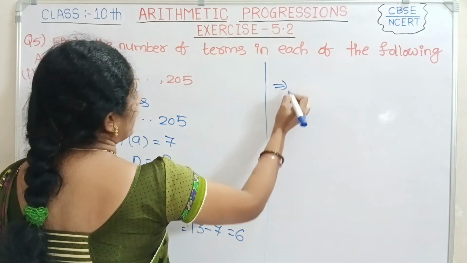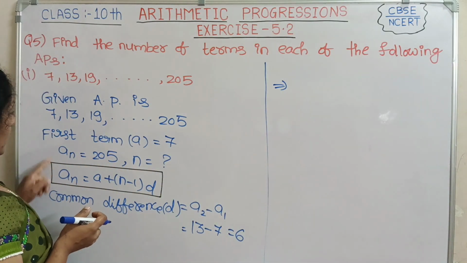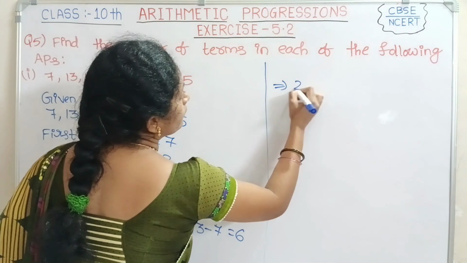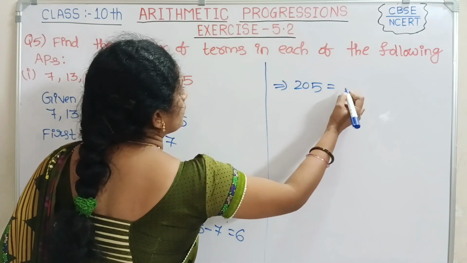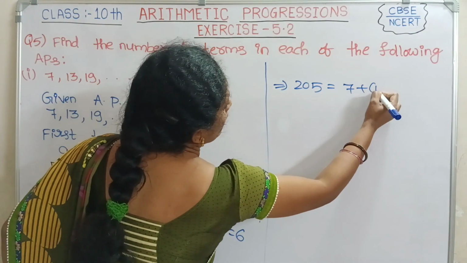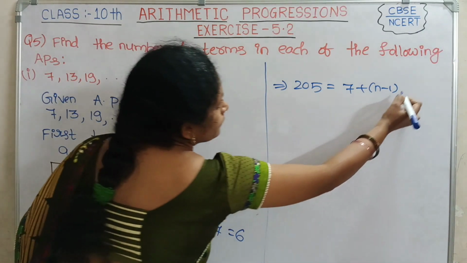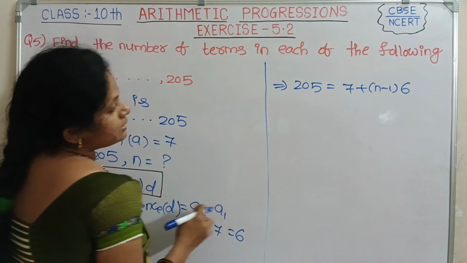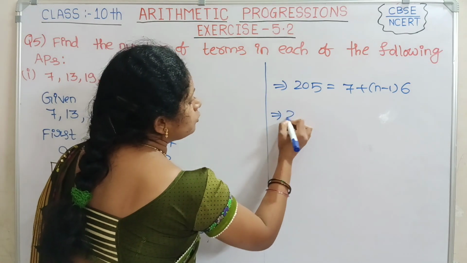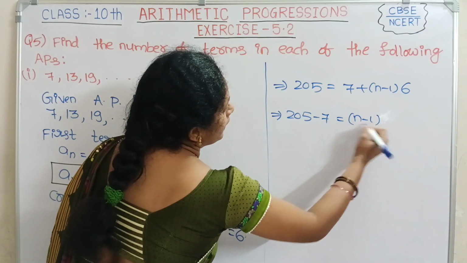From this formula, an is equal to a plus n minus 1 into d, substitute the values here. an is equal to 205, a is 7, plus n minus 1 into d is 6. Take this 7 to the other side. It will be 205 minus 7 equal to n minus 1 into 6.